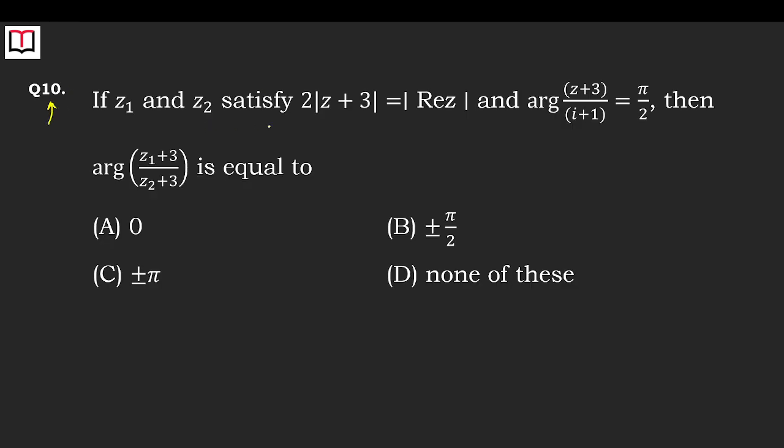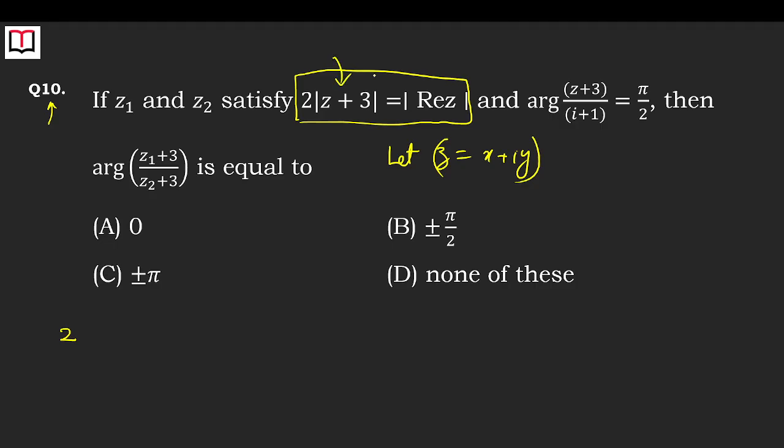Anyways, z1 and z2 satisfy this equation. So first of all, let us try to get this equation. If I assume z is x plus iota y, then real part of z is x, so actually this is 2 times the distance of z from a fixed point.